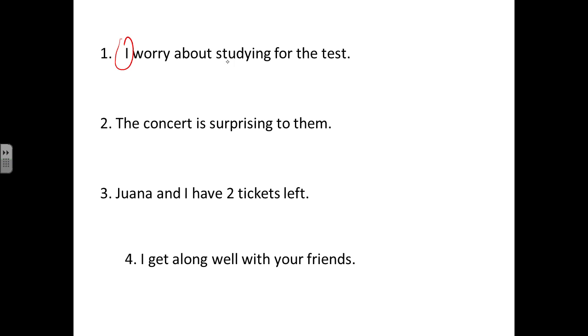The subject is studying for the test. So the way that you would form this is the I would be me, or you could put a mí. To worry about is preocupar. Studying for the test is estudiar para el examen. So it would be a mí me preocupa estudiar para el examen.